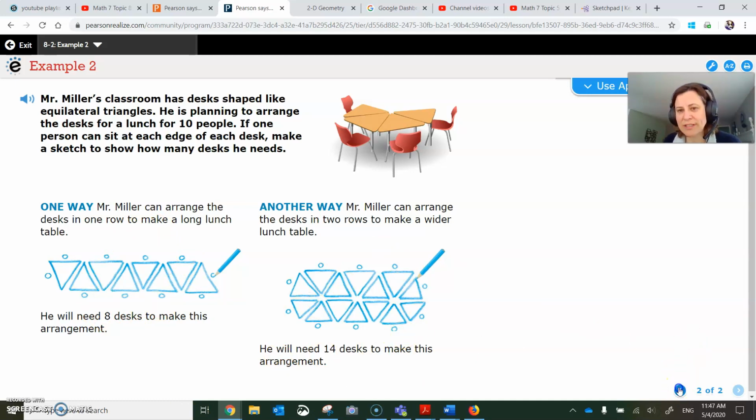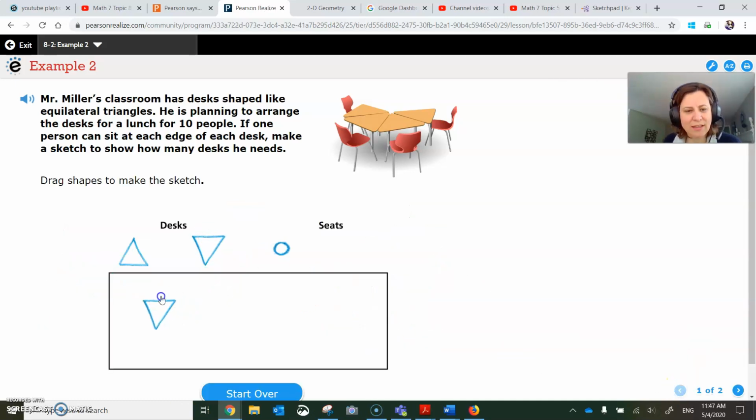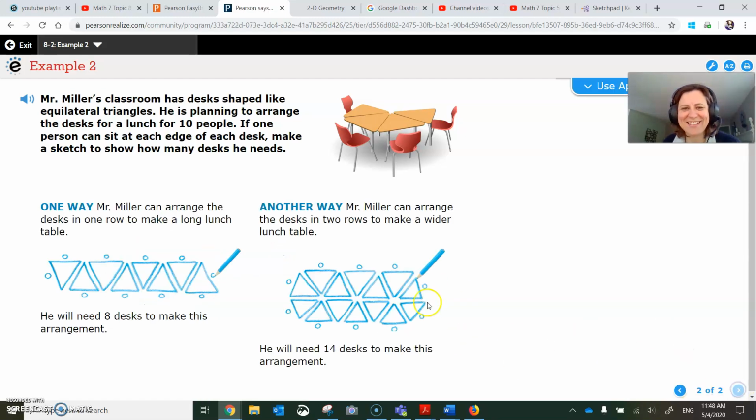And those were just 2 examples of how to do it. And I think that the way that they gave you to do it is to actually drag and drop, which is kind of fun. And then to put these circles around as seats for each, which is sort of interesting too. So I liked that example, but it didn't have something where you had to try it. So let's move on to example 3.